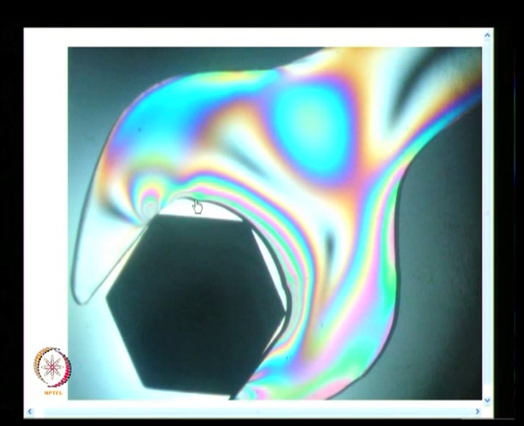Make a neat sketch, and bring out that the fringes are not tangential. When you have a fringe pattern, you have to look very closely and try to extract as much information as possible. Obviously, I have a load application point, and fringes originate here.